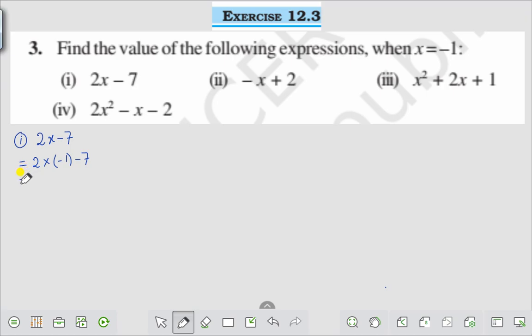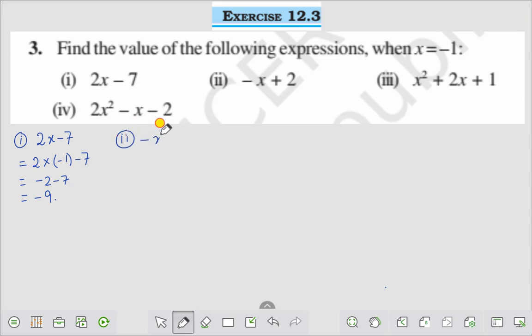That we are getting minus 2 minus 7, which is equal to minus 9. This is the answer.